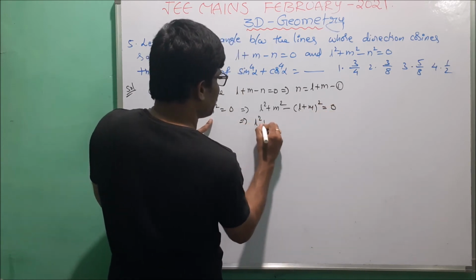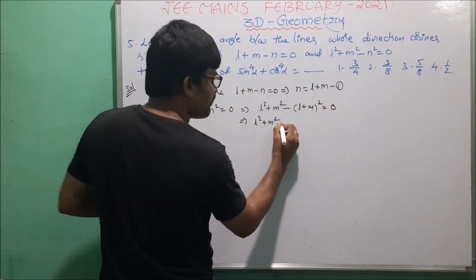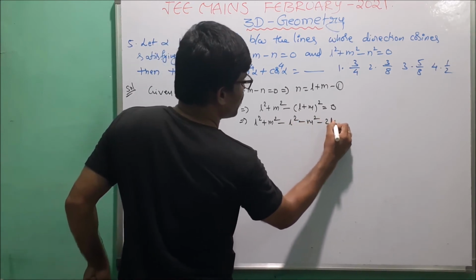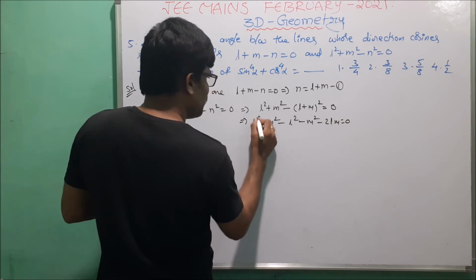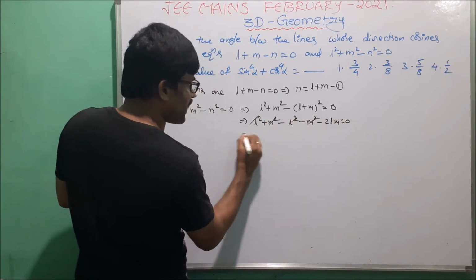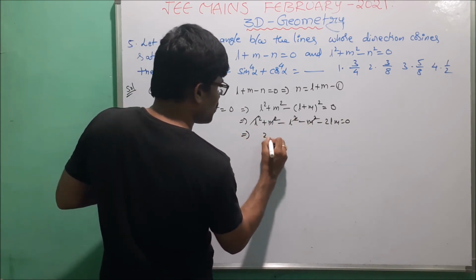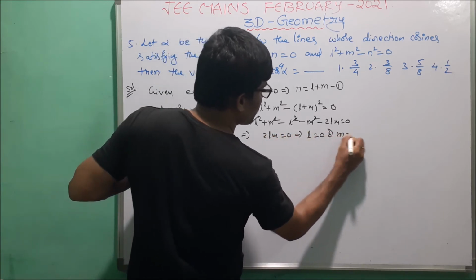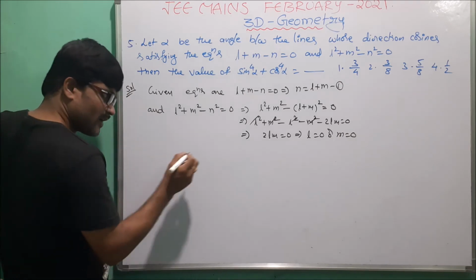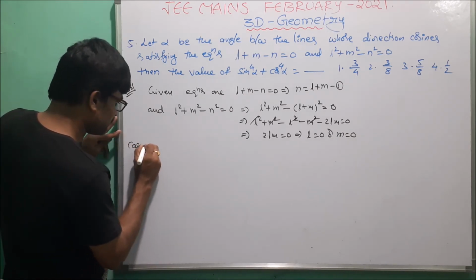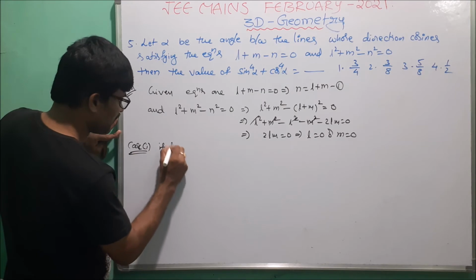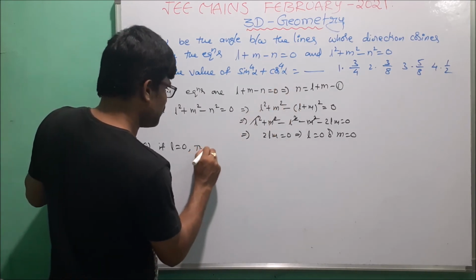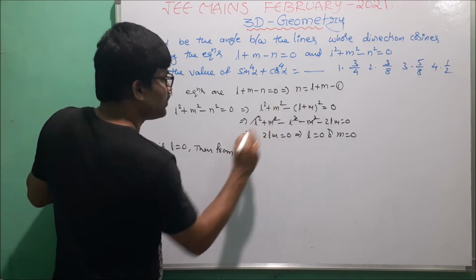From this, l square plus m square minus (l plus m) whole square formation gives l square plus m square minus l square minus m square minus 2lm equal to 0. In that, l square and m square will be cancelled. Then we take 2lm equal to 0. That means l equal to 0 or m equal to 0. First we take l equal to 0, case 1. If l equal to 0, then from 1, m equal to n.